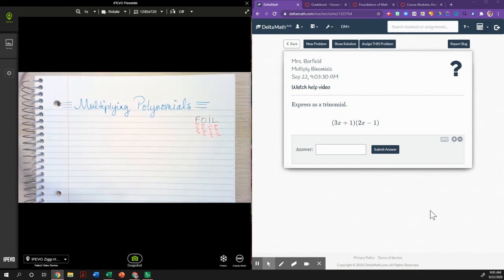It was a technique for multiplication. Now it works, but it only works for problems that are on the left here. So 3x plus 1, 2x minus 1. So problems that are written just like that, where you are multiplying a binomial by a binomial, FOIL works.